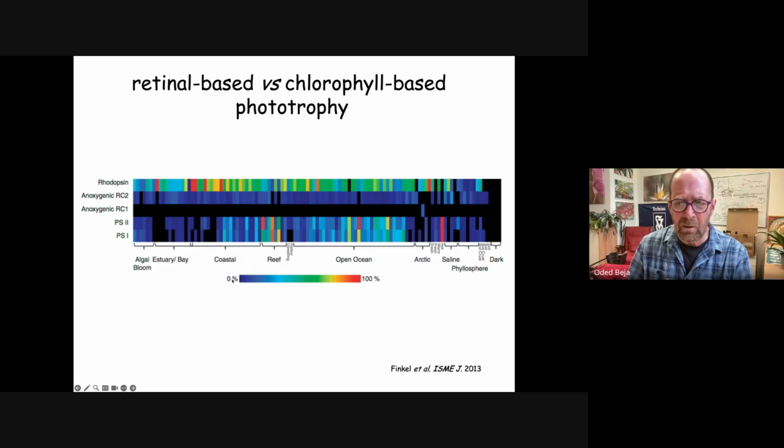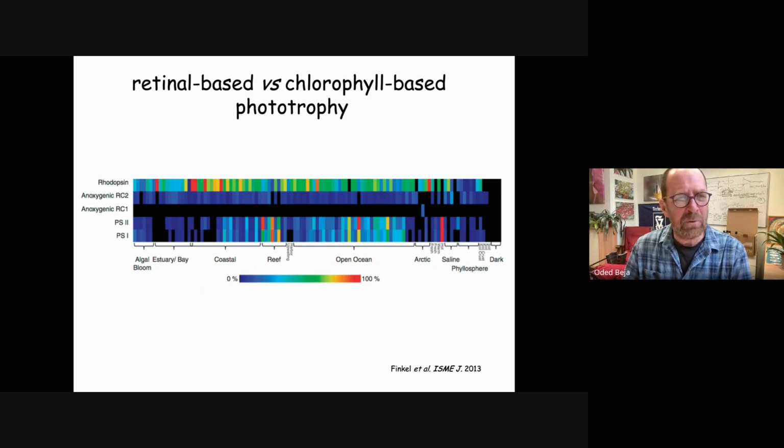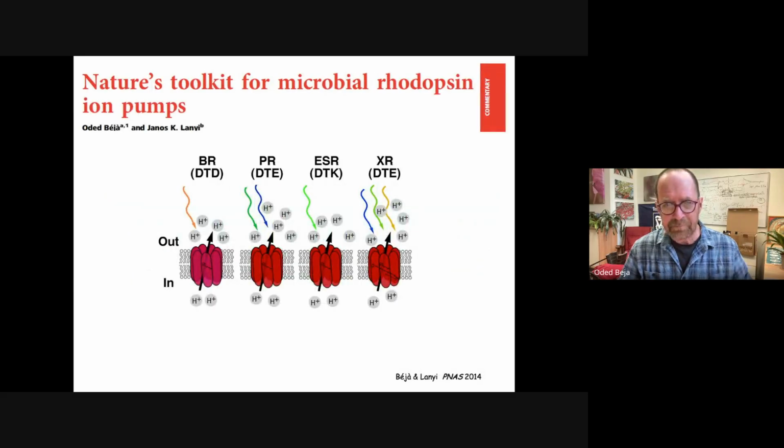And look at the color code. You can really appreciate that in most stations, we have more rhodopsins, or at least more rhodopsin genes. And it's the genes. And nowadays, we do know that about 70% of microbes in the photic zone do have the capacity to express rhodopsins and basically harvest light energy using rhodopsins.